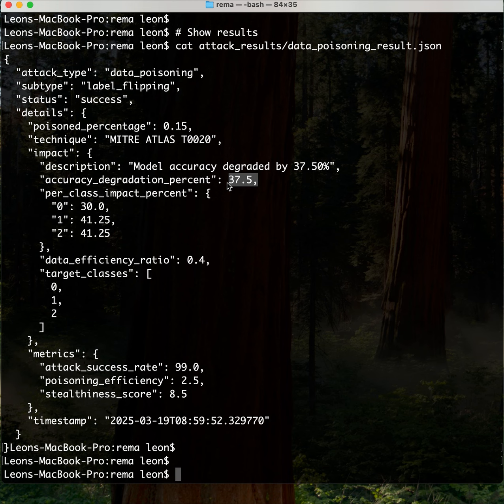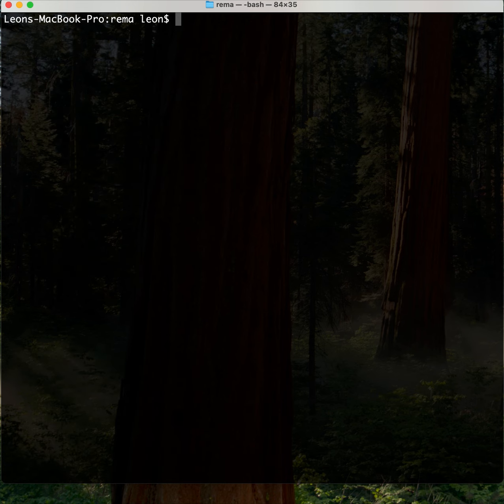So this type of attack could be devastating, for example, in healthcare diagnostics. It could be devastating, for example, if we're looking at autonomous vehicles, and that is one of the reasons as to why this tool is really helpful.